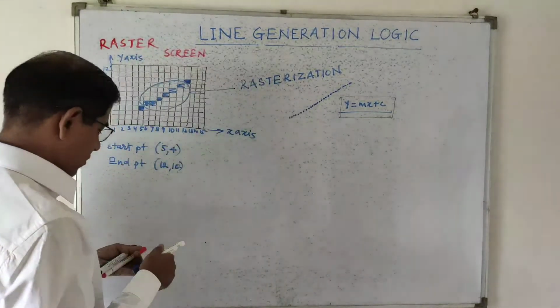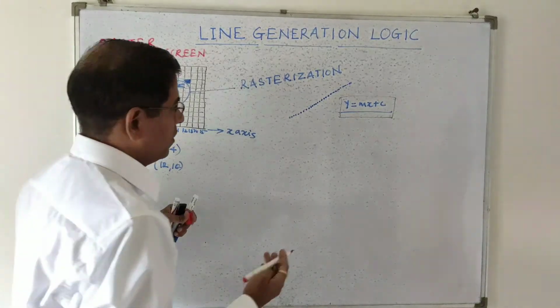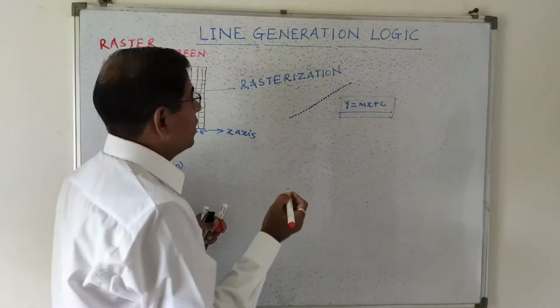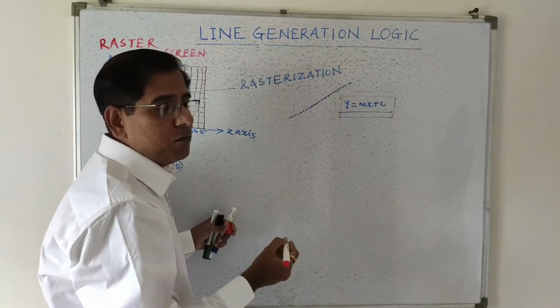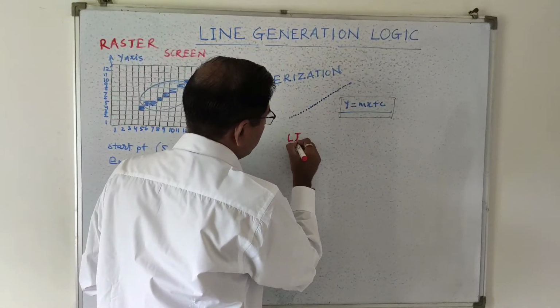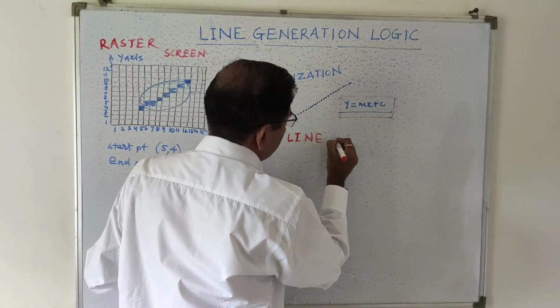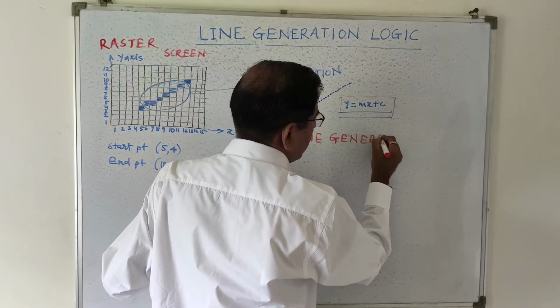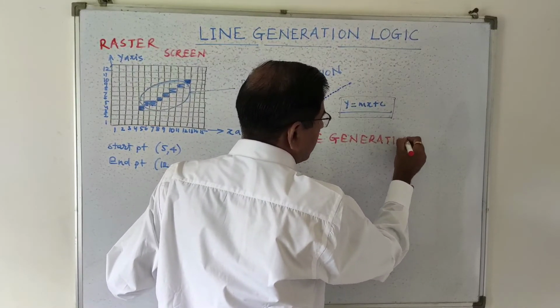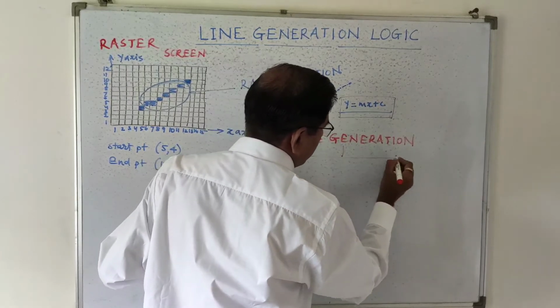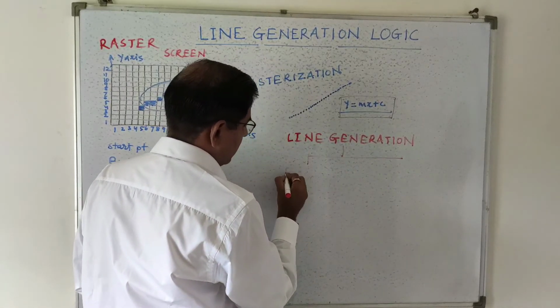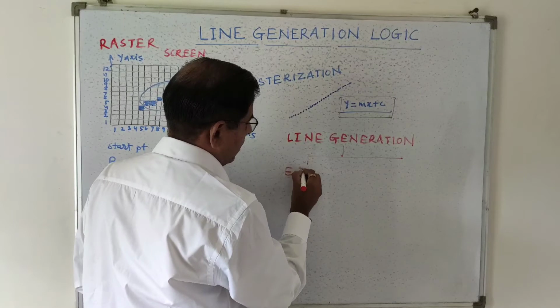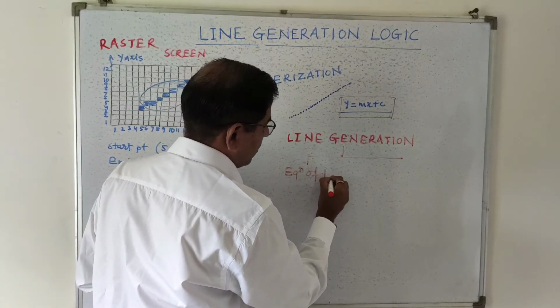What are those 3 line generation algorithms? First is equation of line.